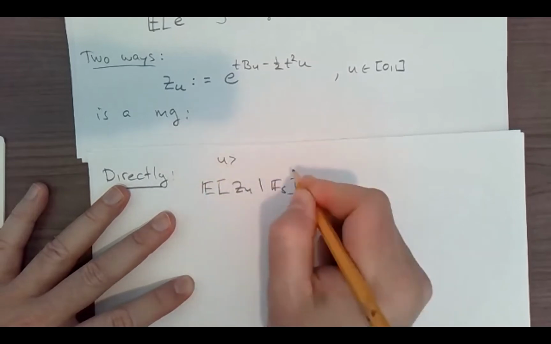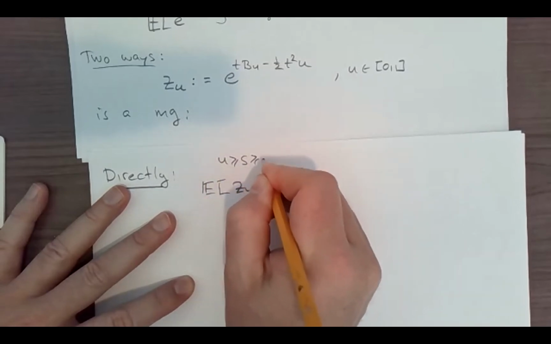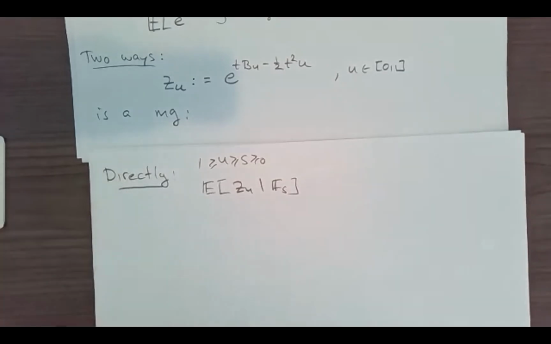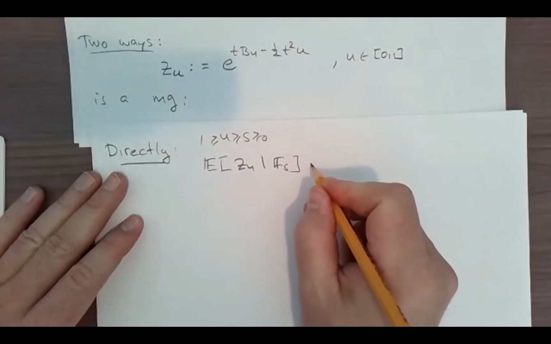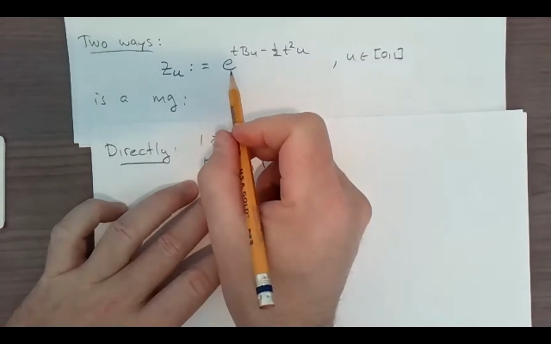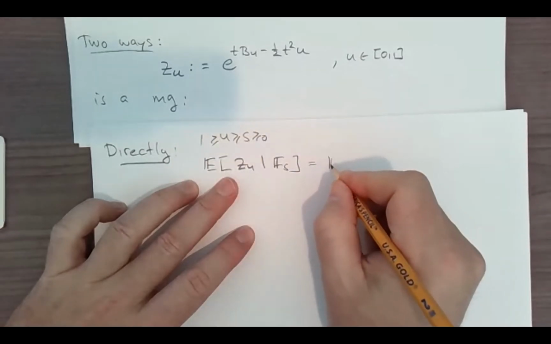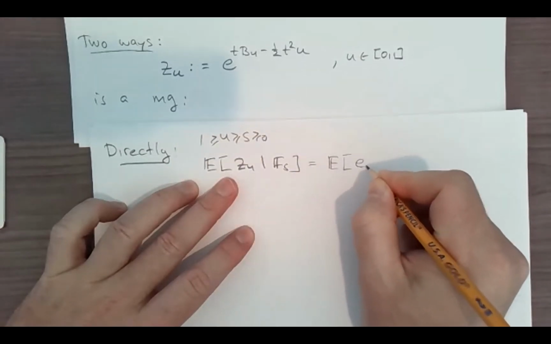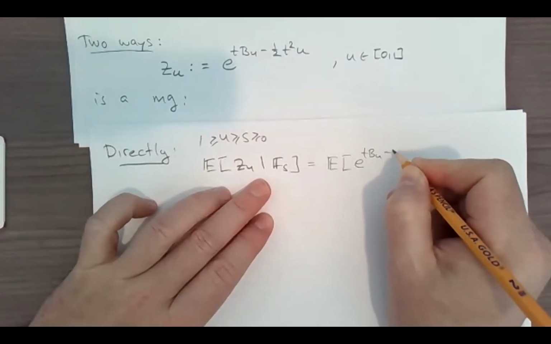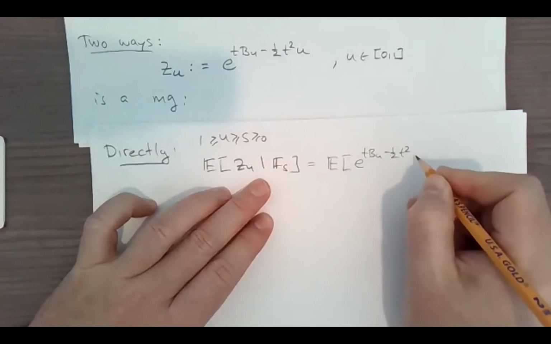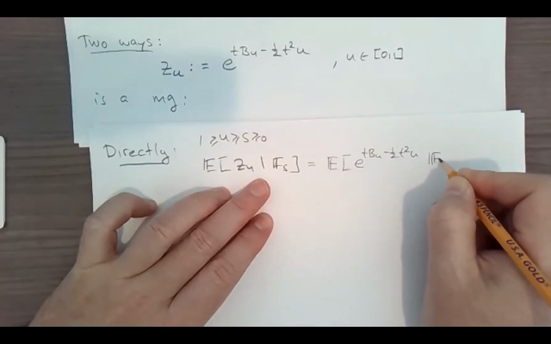So here u is bigger than s, bigger than 0, less than 1. Then what can I do? I will take the expression, plug it in here. I'll get e to the tB_u minus 1/2 t squared u conditioned on F_s.